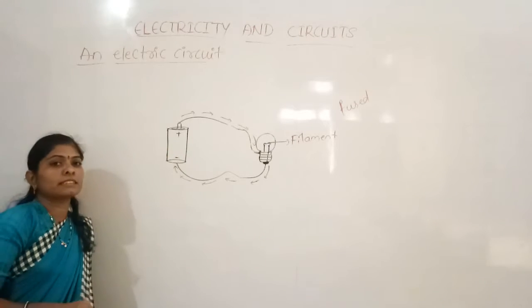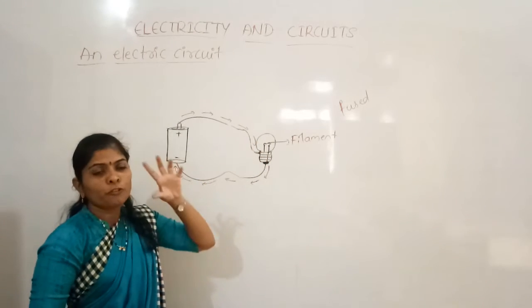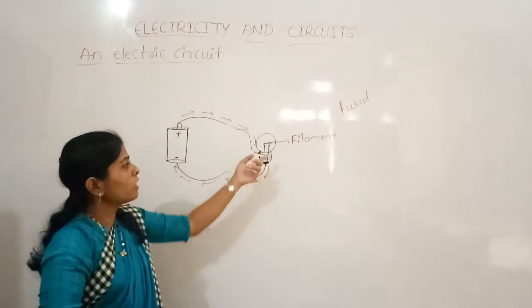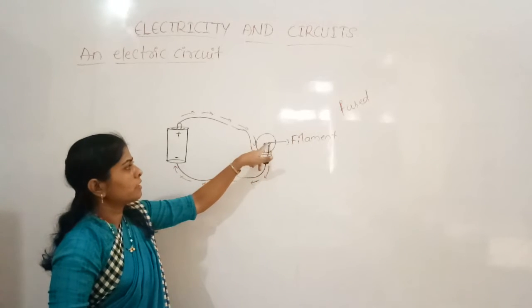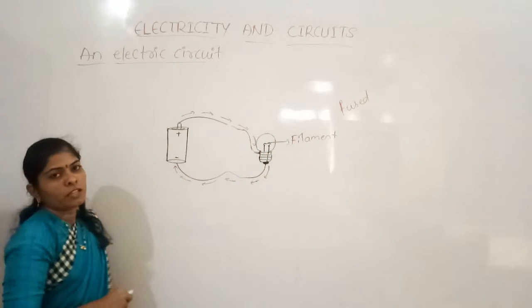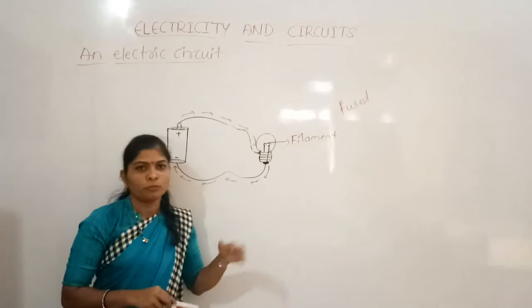Or one more reason: the bulb may be fused, meaning there is a break in the filament of the bulb. So these are the three conditions when the bulb will not glow.